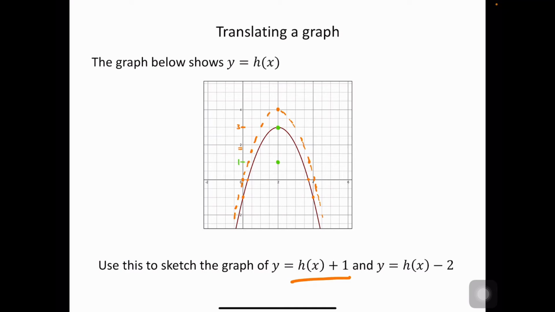It's 3 take away 2 is 1. This value here is going to be here. This value is going to be here. So you have something like this going on. Again, remember, x values are not changing, the y values are increasing by 1 or decreasing by 2.